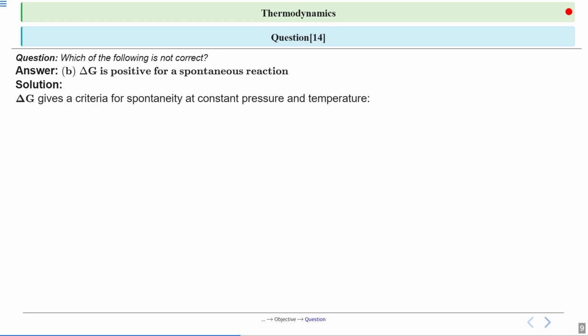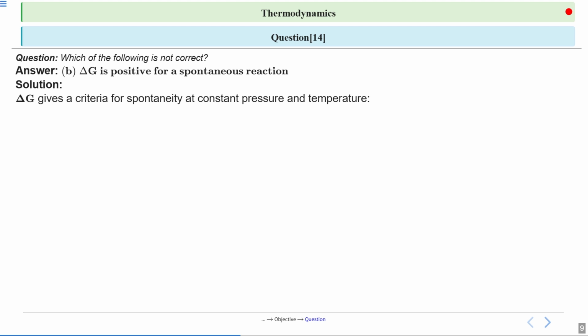So it's a very simple one. We have already studied that Gibbs free energy change is the criteria for defining the spontaneity at constant pressure and constant temperature. And this is useful because it does not take into consideration the surroundings. It depicts the spontaneity of a reaction, unlike our entropy, with the help of the system only.